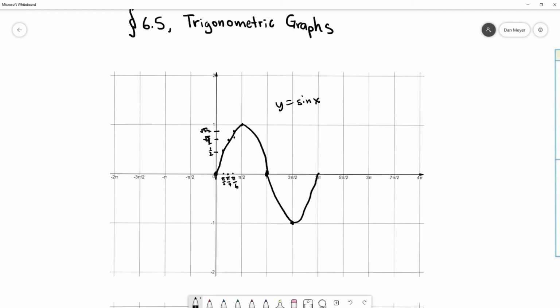And then we could use periodicity to repeat the graph. So there's this part of the graph that's going to get repeated on this interval here. And then this part of the graph gets repeated another 2 pi later, and so on and so forth.